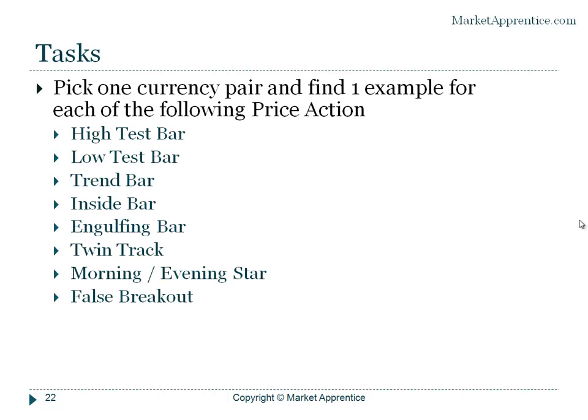Firstly, pick one currency pair from your trading platform and find one example for each of the following price action. Find one high test bar, low test bar, trend bar, inside bar, engulfing bar, twin tracks, morning and evening star, and find a false breakout.